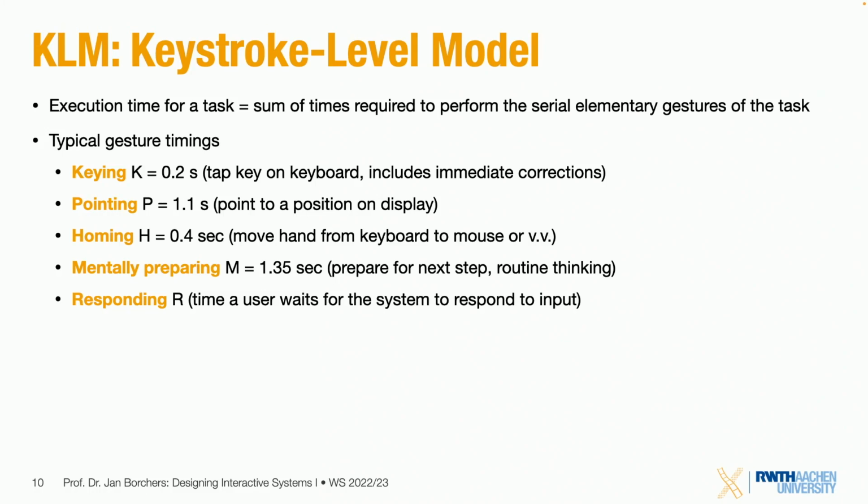But the orders are interesting because they tell you that, for example, when you build an interface that makes people enter the name by having to move to the mouse, click on a field, and then enter the name, you've immediately, assuming they were at the keyboard before, you've immediately wasted basically 0.8 seconds because they need to do 2 homing actions, right? Plus another second for pointing. So that's roughly 2 seconds right there, just moving my hands away from the keyboard to the mouse to move the cursor to a new field and enter something.